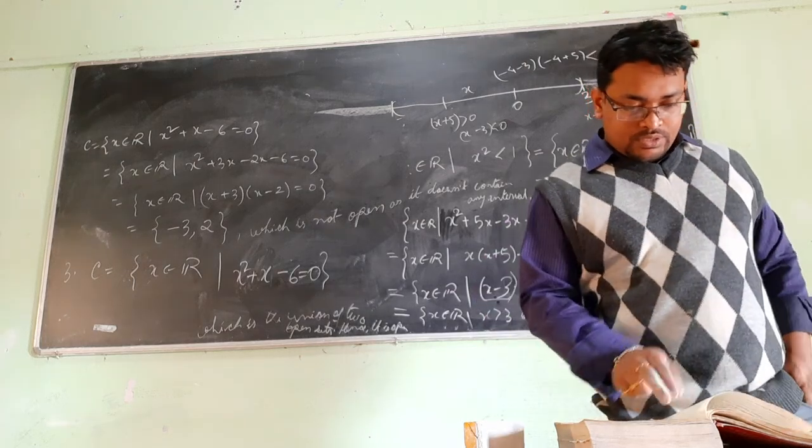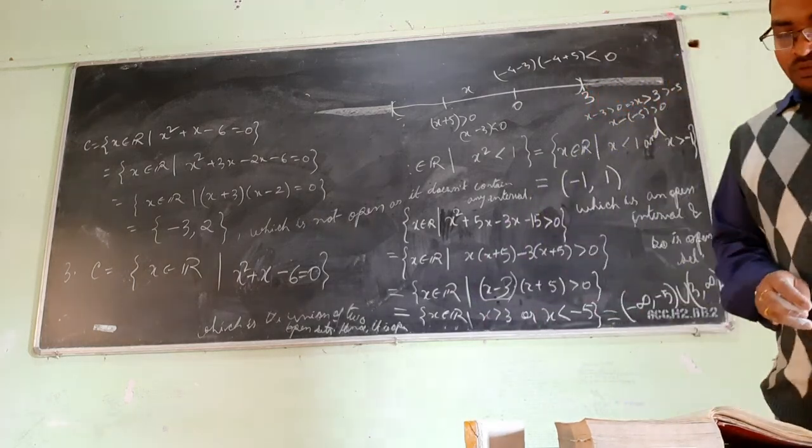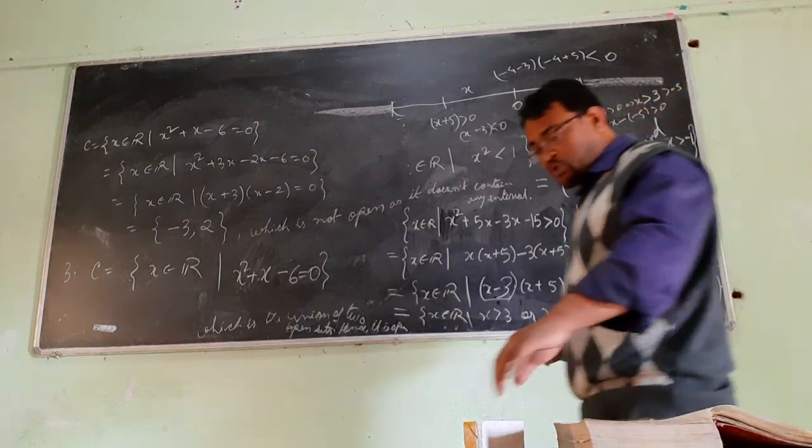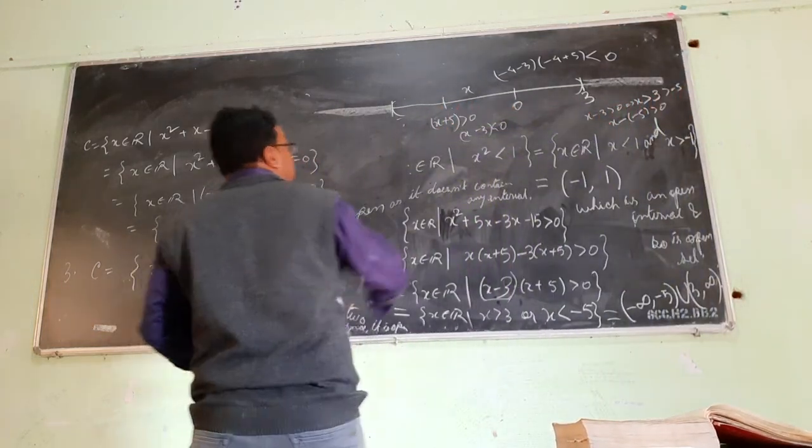An intersection of open sets, these things also we have done. So next we come to a concept called limit point, the limit point of a set.